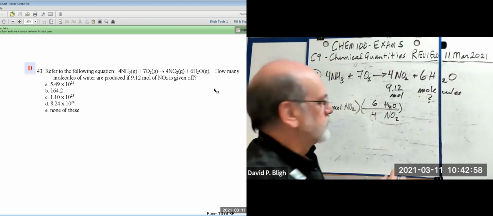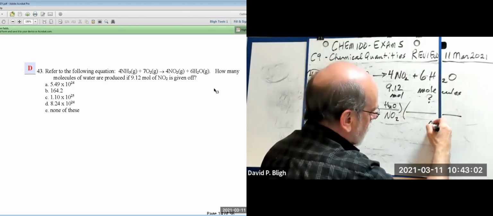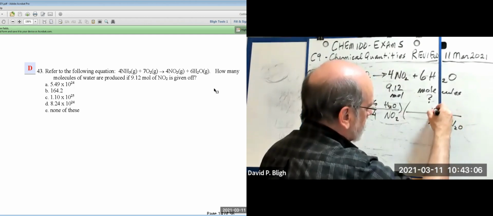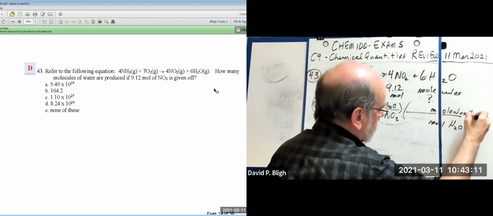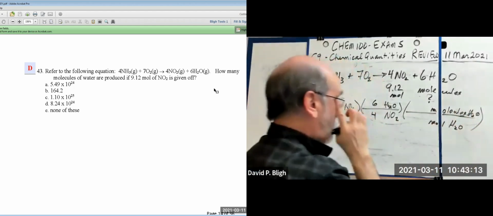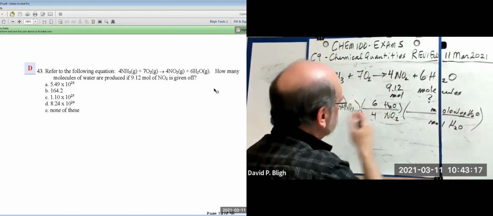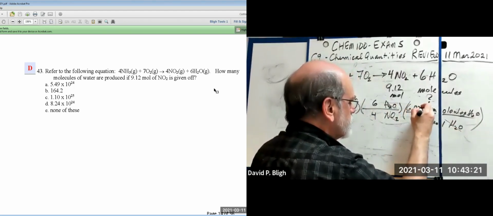How many molecules of water? So we have moles of water. We want to know molecules of water. So now we cancel this one, this one, this one, this one. And this is 6.022 times 10 to the 23rd.